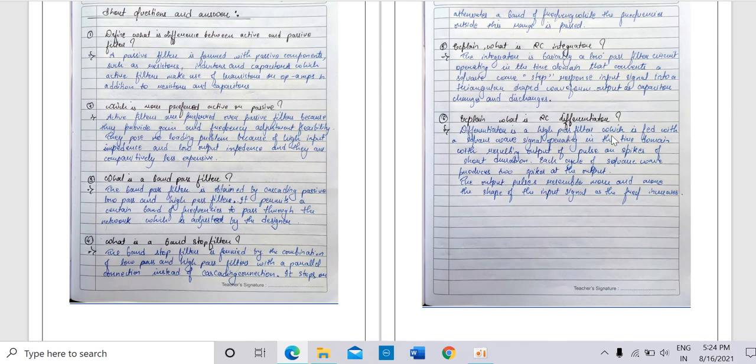The differentiator is a high pass filter which is fed with a square wave signal, operating in the time domain, with the resulting output of pulses or spikes of short duration. Each cycle of the square wave produces spikes at the output, and the output pulse resembles the shape of the input signal more and more as the frequency increases. After the cutoff frequency, the output almost resembles the input signal.